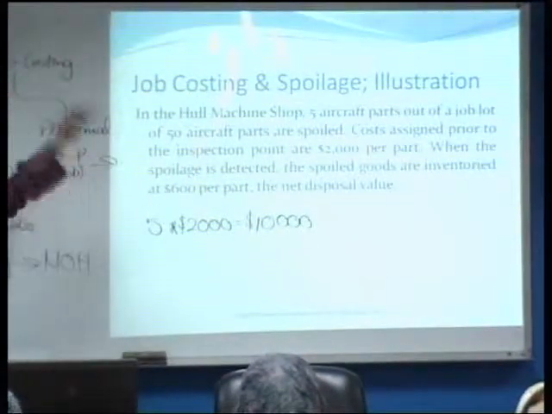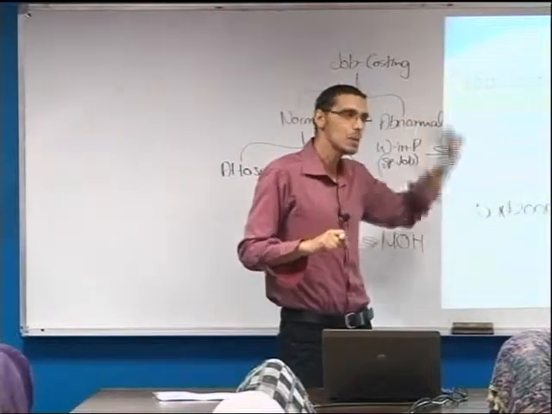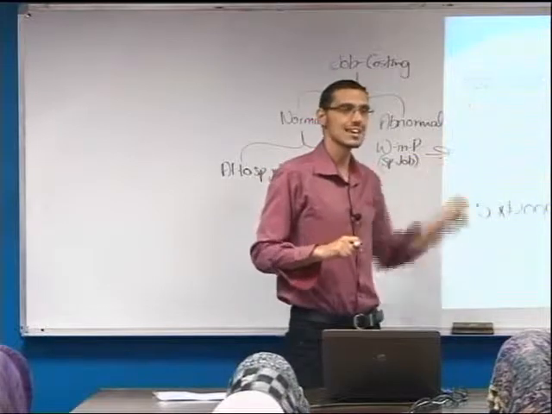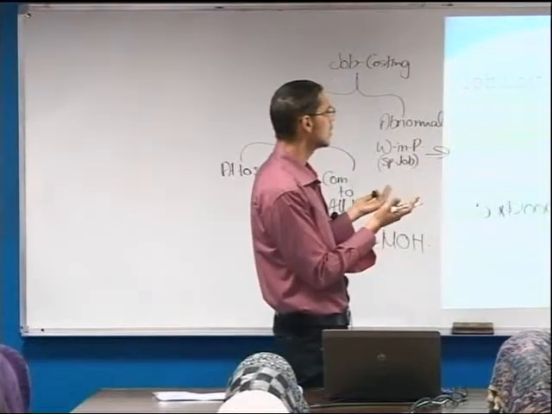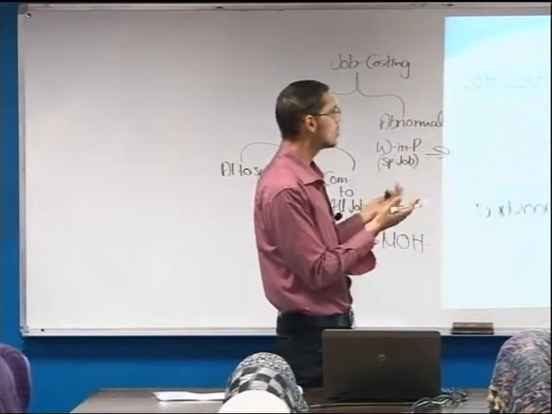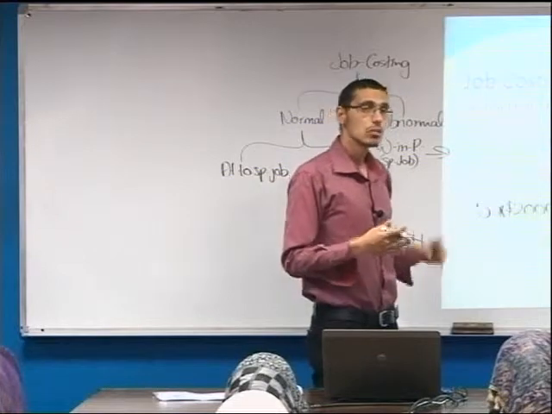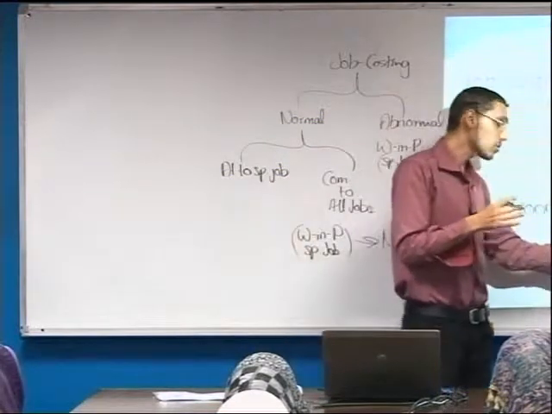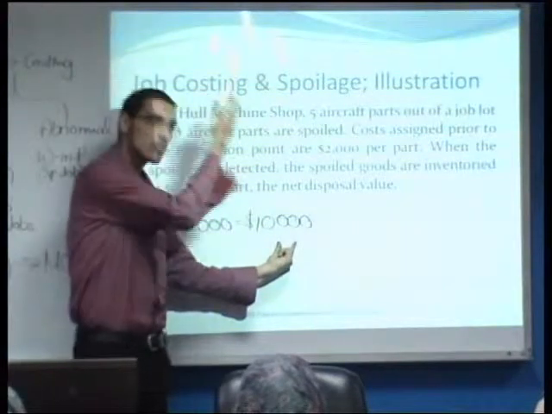Is this the correct spoilage to be carried within the work in process account for that specific job or job number? They did not give us the job. Therefore, let us say job number 5, for instance. Is this the correct amount to be carried within the work in process for this job?